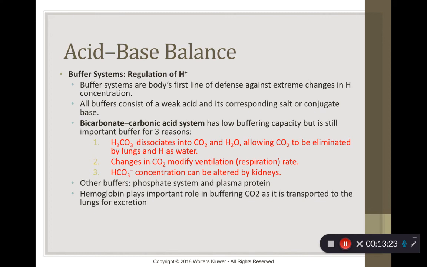This then dissociates to form hydrogen and bicarbonate ions. Bicarbonate is HCO3 minus. So what happens is in the lungs, the reaction is reversed to form CO2 because you want to excrete CO2 in the lungs. And so that's basically the reaction.